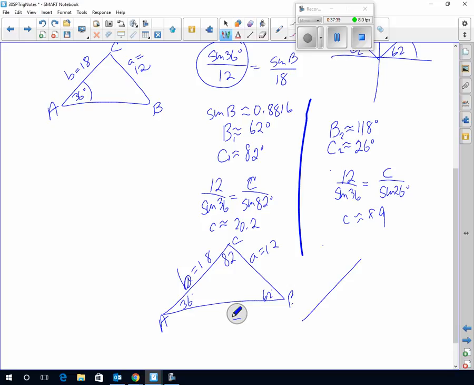This has to be an obtuse angle, so I think it has to be like that. So A has to be 36, B has to be 118 this time, and C is 26. Again, little b we knew was 18 and little a was 12. We still need to find this little c here. So that's what I did over there when I got 8.9.